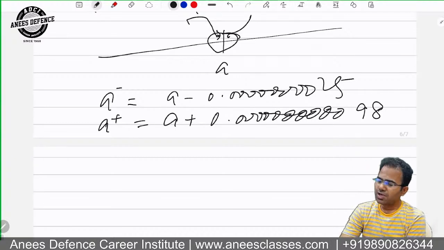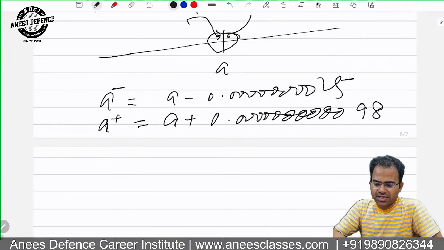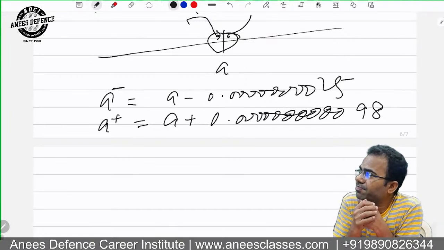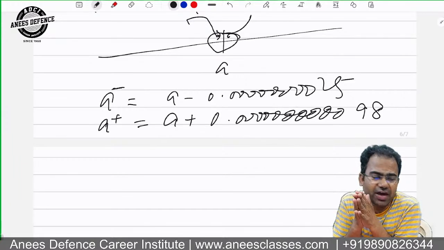So this is called A plus, this is called A minus, the left neighborhood of A. A plus is the right neighborhood of A.